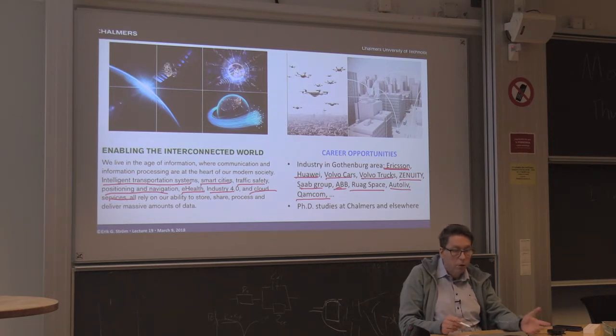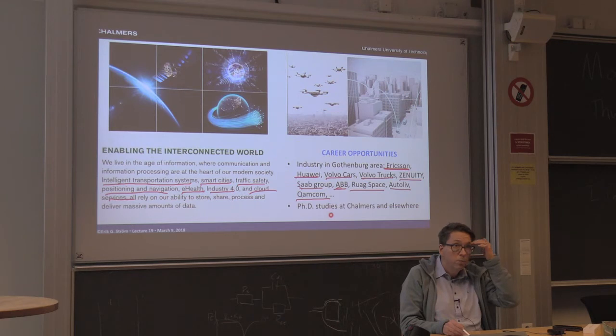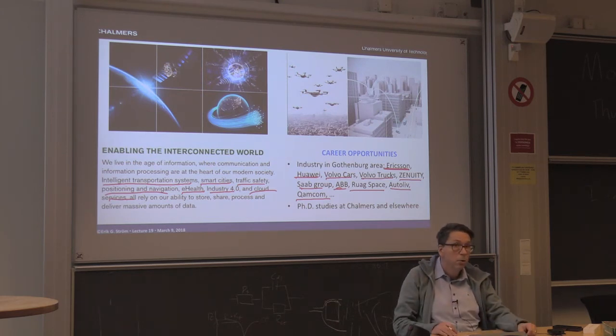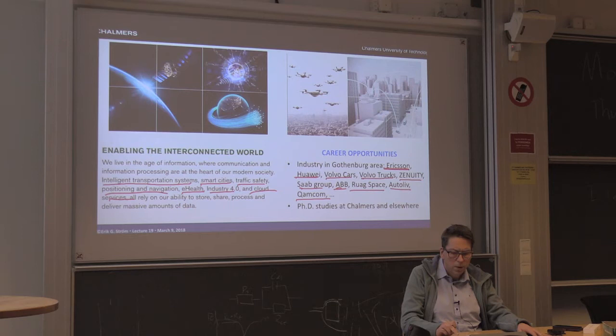And if you don't want to go to industry in Gothenburg, of course there's industry elsewhere too. It's a global market. If you want to continue into PhD studies, for sure we have PhD students in my group from this program, and people from this program do their PhD studies elsewhere, both in Sweden and internationally. Okay, so career opportunities are good, I would say.